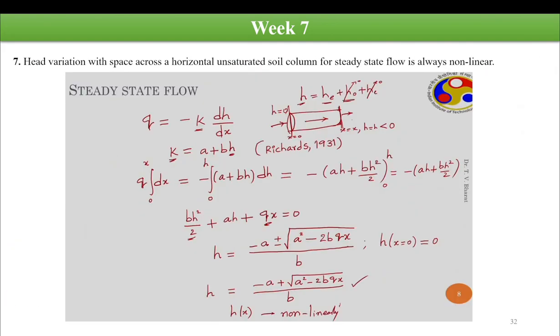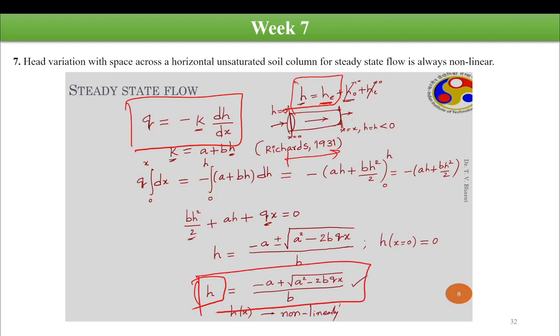So Q is not a function of time here. The seventh question is that the head variation with space across a horizontal unsaturated soil column for steady state flow is always non-linear. So if we take this condition of horizontal flow in unsaturated soil, and in the horizontal flow we only consider the matrix suction head, that is Hm, and if we use Darcy's law to determine the variation of matrix suction head based on the values of x or the location, then we'll observe that H will be described by this equation.